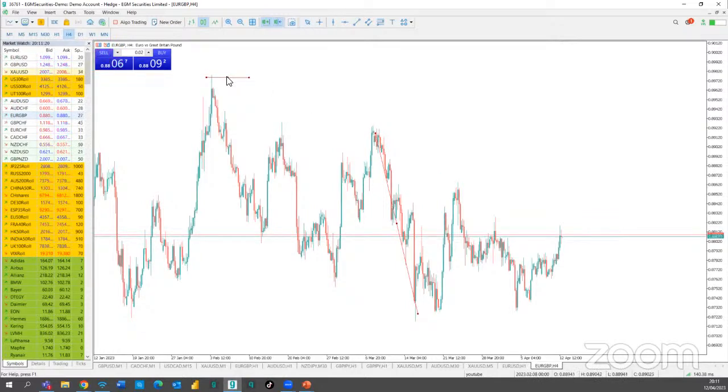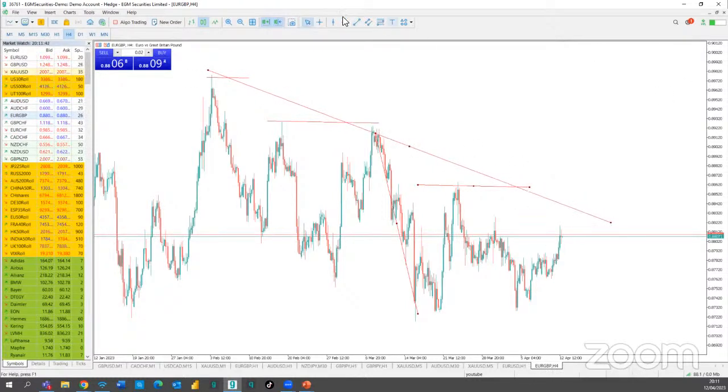We have that high, then we have lower highs at this level. Lower highs, it's a pure downtrend now. The next one, we have a downward move, right? So it's making successive lower highs. So we're expecting a continuation of the downward trend in this case.